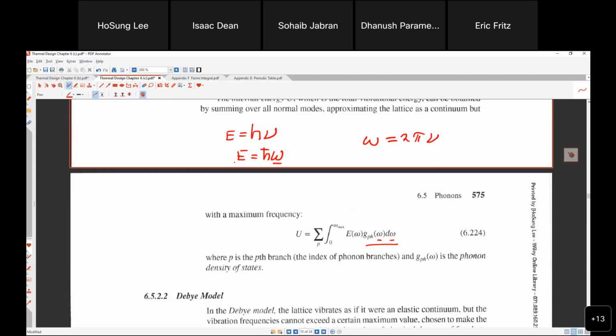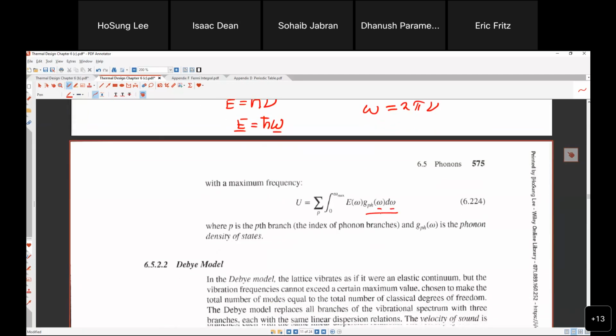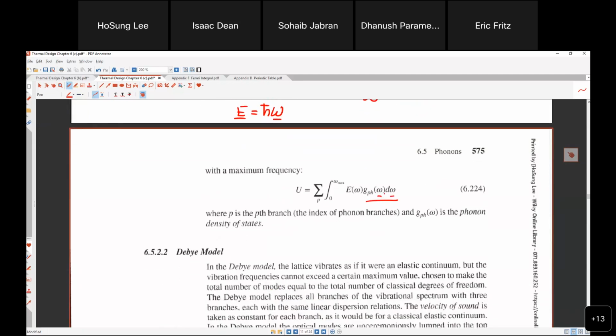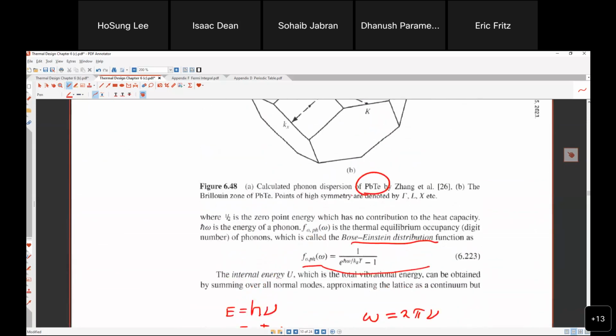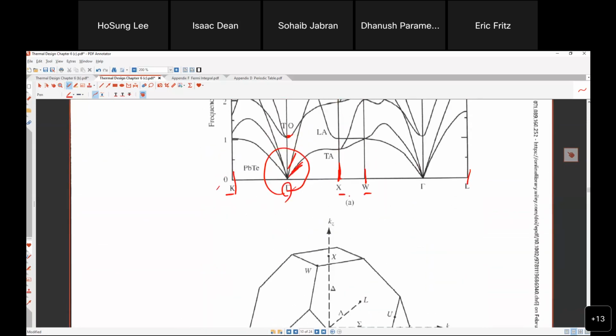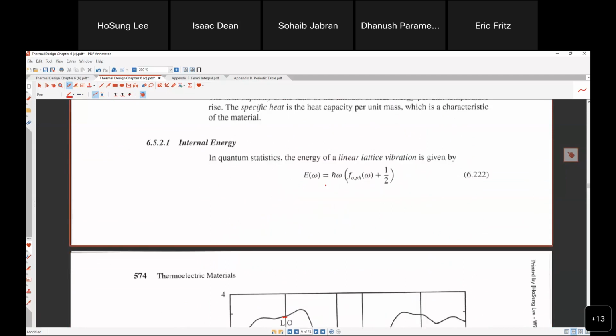Frequency is energy. So in terms of energy or frequency, internal energy, now we define internal energy, nothing more than that. E is vibration energy, we define. E is a vibration. Omega. That's very clear.